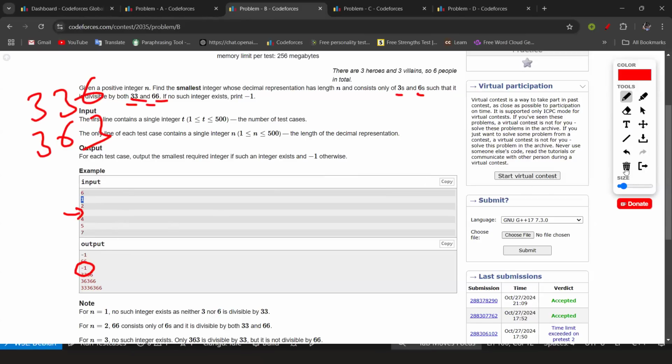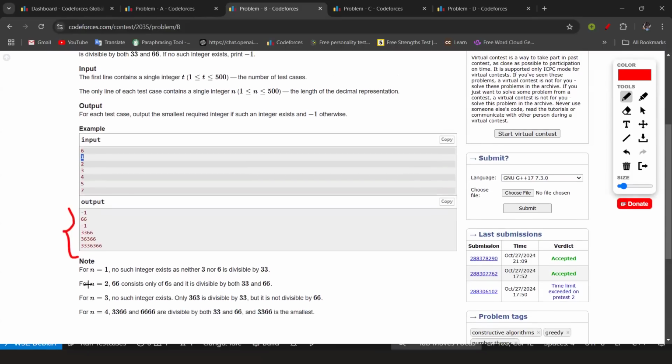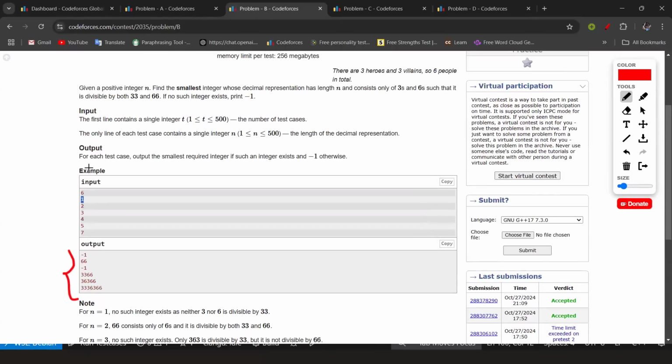So I hope you understood the problem, and by looking at the test cases you got some answers as well. Now let's try to find, in the general case, what our answer would be.